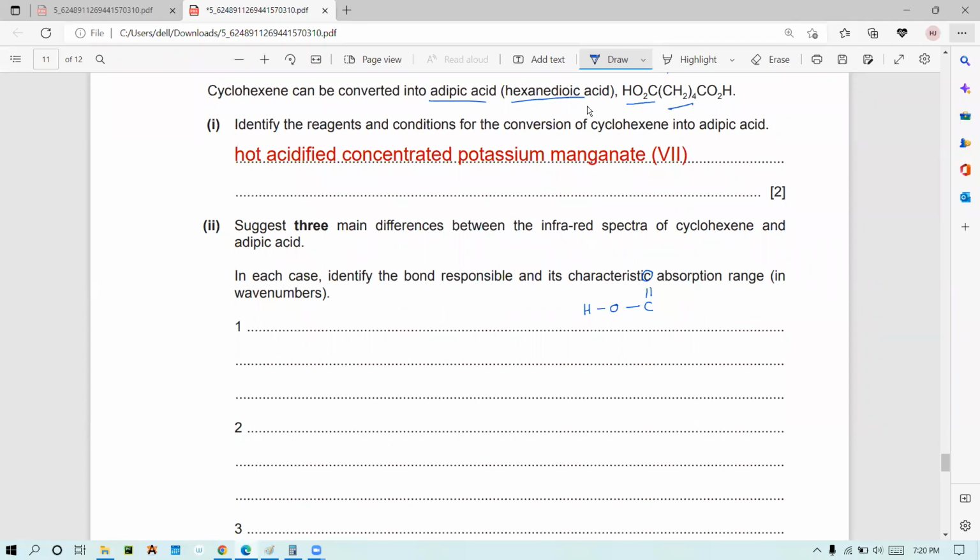CH2 is 4 times here. And again, we have COOH. And the cyclohexene is this one.